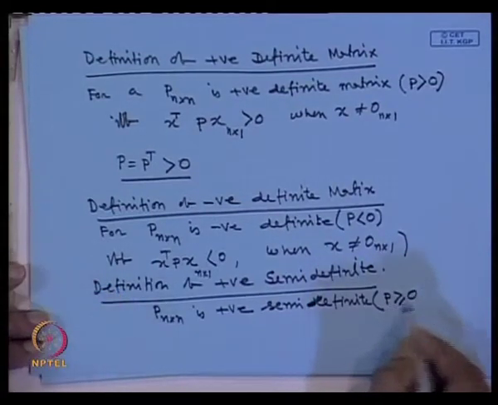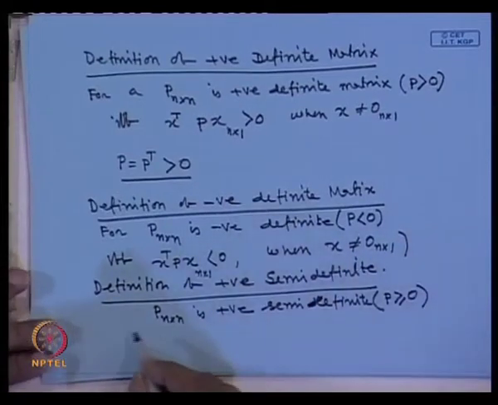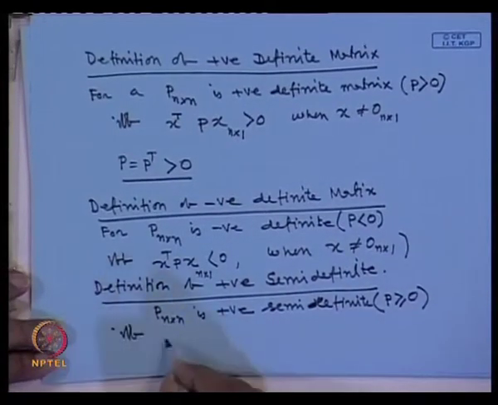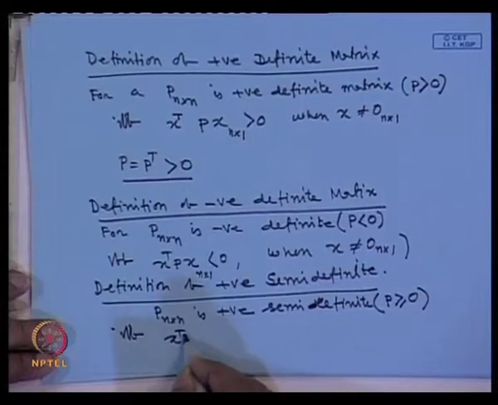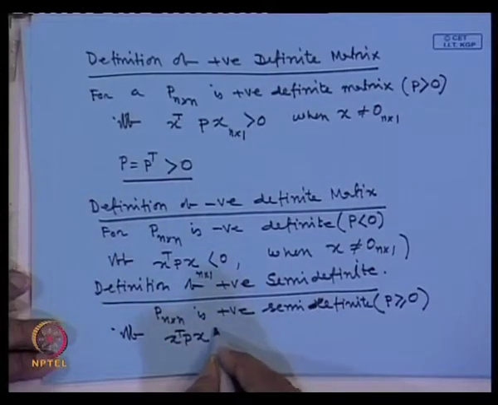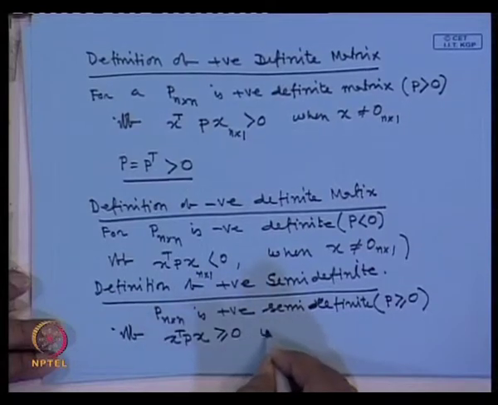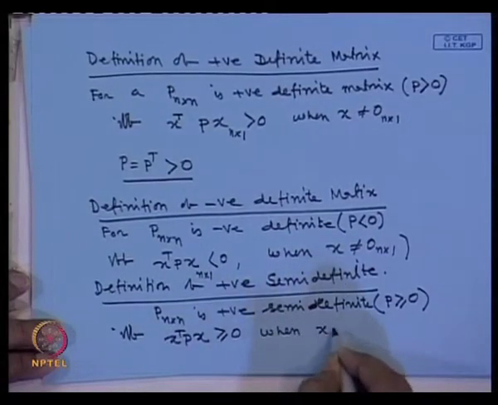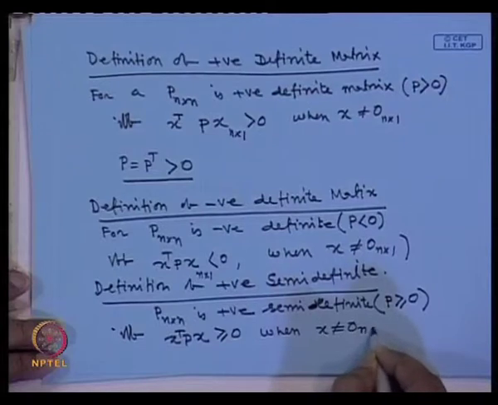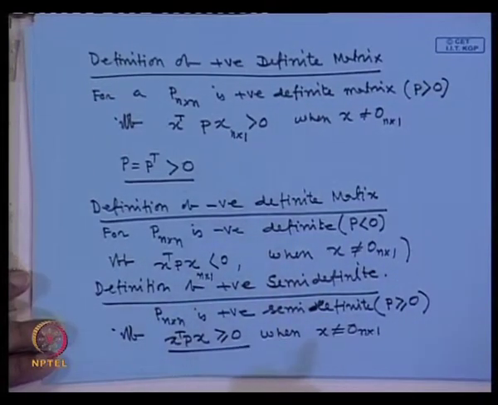I will read it: P is positive semi definite if and only if x transpose P x, that is a scalar value, is greater than or equal to 0 when x is not equal to the null vector. So, this is the definition of that.